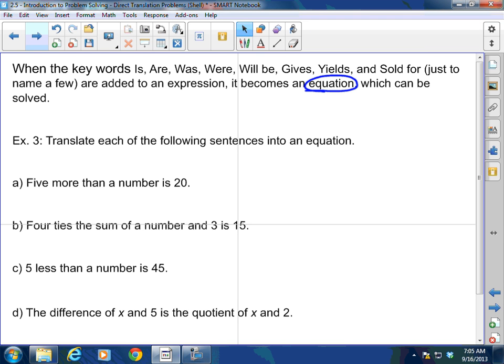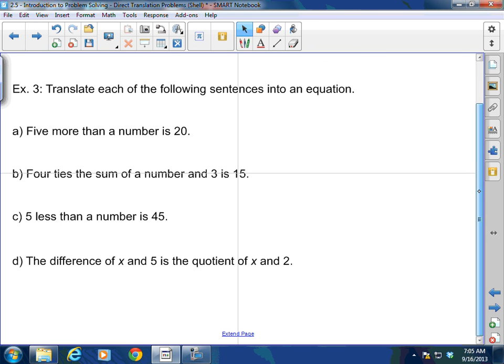So we're going to start with some baby equations, baby word problems, and then we'll get into a little bit more difficult ones. Let's just translate each of the following sentences into an equation. Hopefully you know how to solve these already, but let's just translate them.